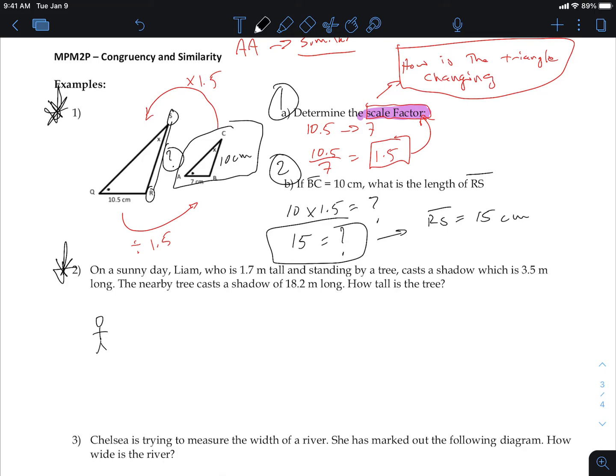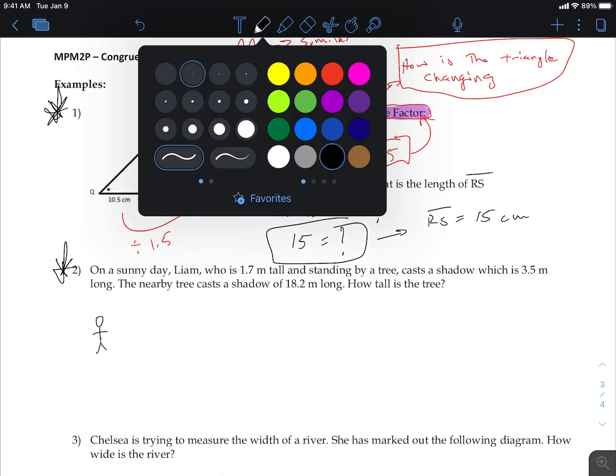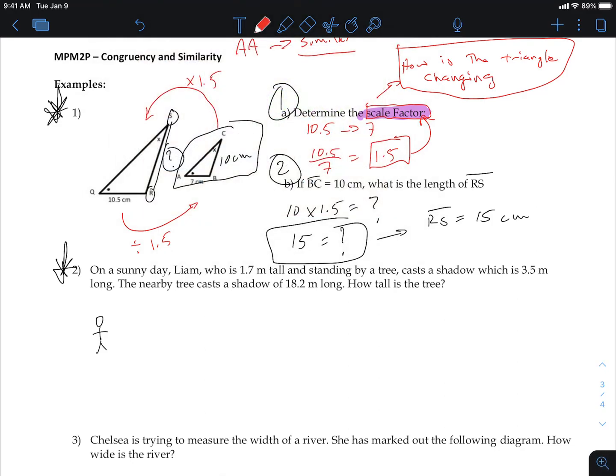I'm just going to draw Liam, which I've already drawn, and Liam stands 1.7 meters tall, and then he casts a shadow, which is 3.5 meters.